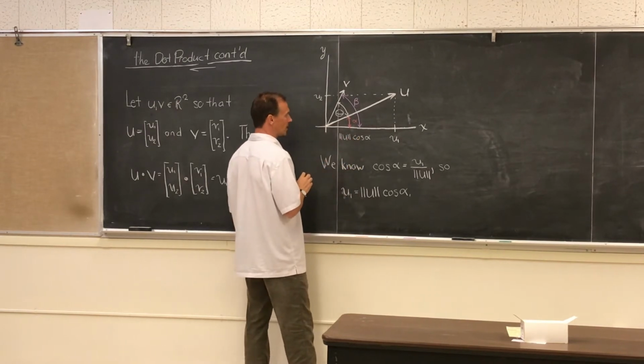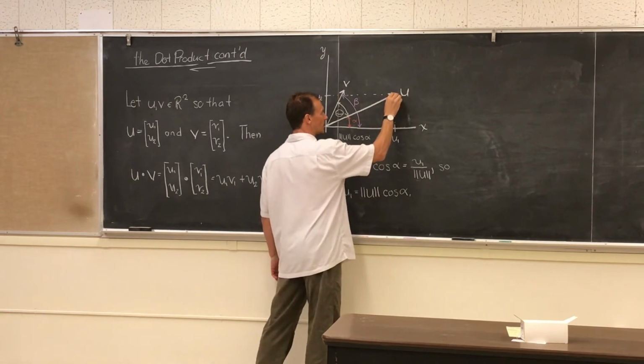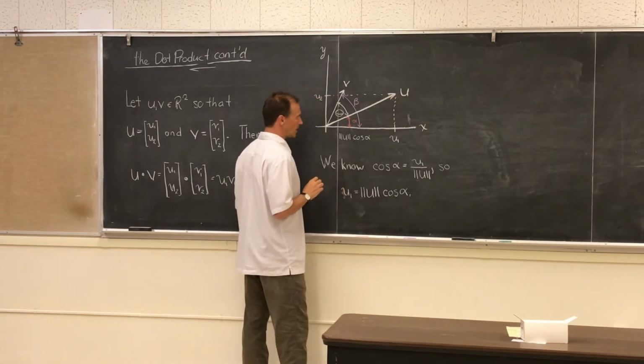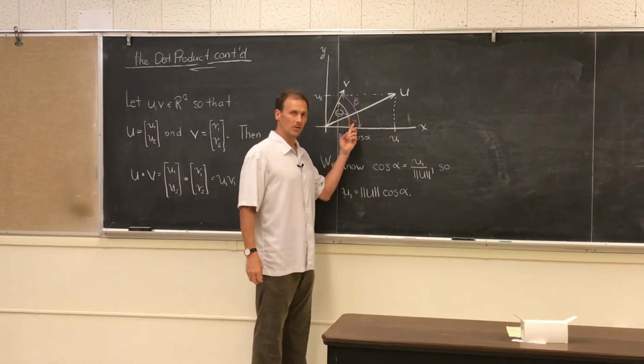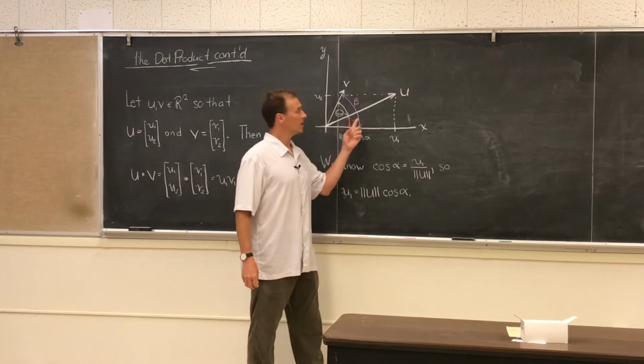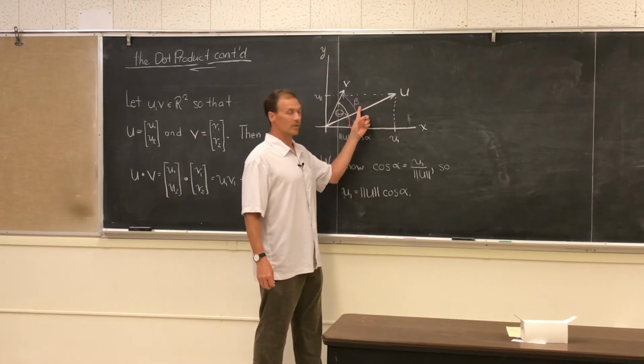Now, let's do this again. We need to find this vertical side over here. How do we do that? We know the angle alpha, and we also know that the sine of alpha is the opposite side over the hypotenuse.